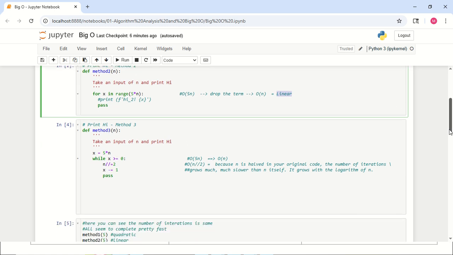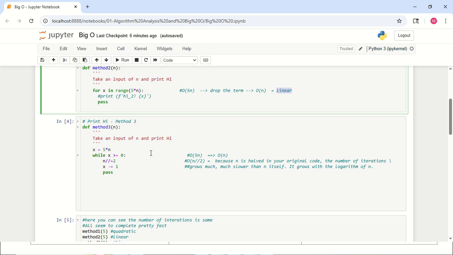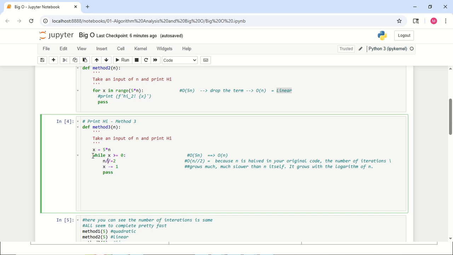This third one is an example of logarithmic. So when it starts out, x is equal to 5 times whatever n is. Now, while x is greater than 0, this is really not relevant, so I'm going to remove that. What's crucial here is n, and this is a floor division, where it rounds down to the nearest whole number, and it's dividing it by 2 with every loop.